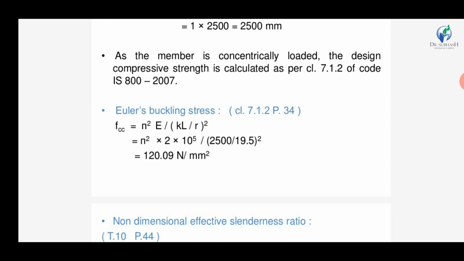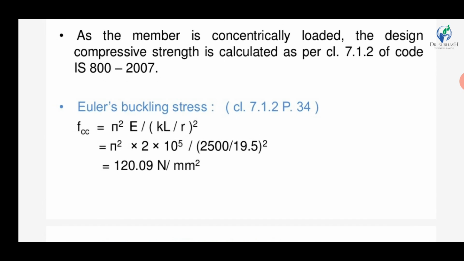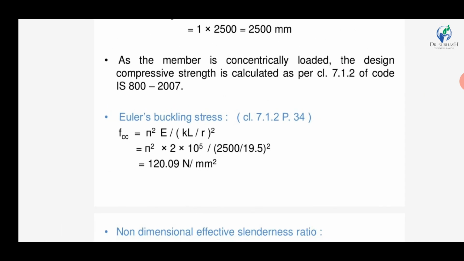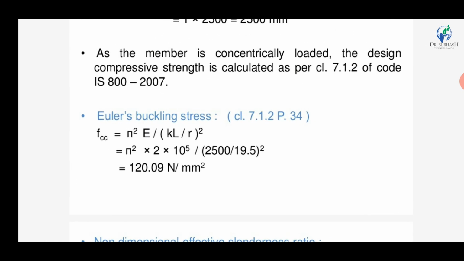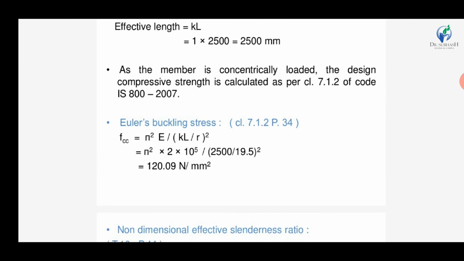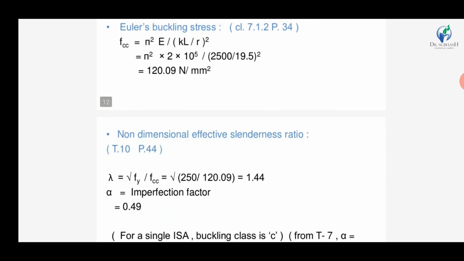The equation is FCC equal to pi square E upon (KL upon R) whole square. We already found KL, the effective length, and R, the R minimum. The E value is taken as 2 into 10 raised to 5. So we can find FCC in Newton per mm square. Please remember that the value is a stress, so it should always be Newton per mm square.